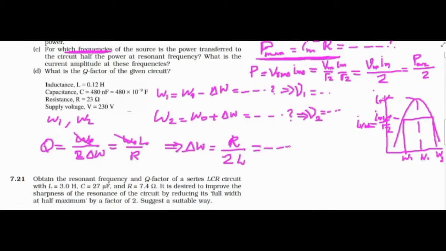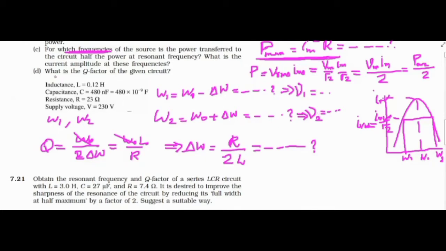Using this equation, you can find the value of delta omega. Then substitute in these two equations, find omega 1 and omega 2, and from them find mu 1 and mu 2.